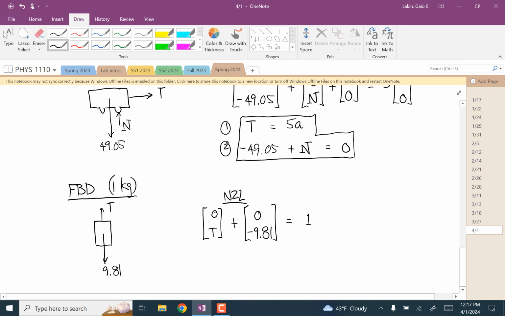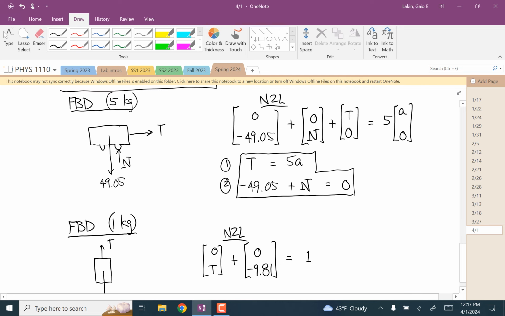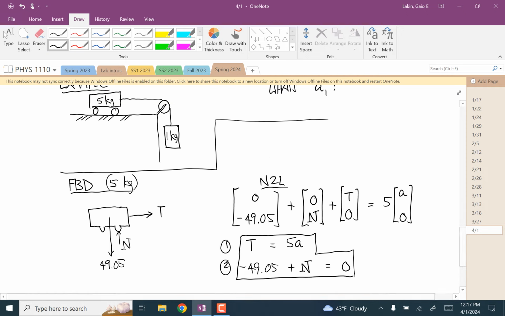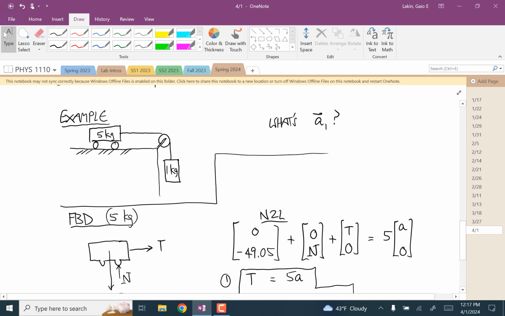So now here's the big step in these. Now we have to figure out how these accelerations relate to each other. Well, for our rolling body, we represented our acceleration as a, 0. So you can think of that as like we gave it kind of the default direction of positive x. So what if you move that 5 kilogram cart 1 inch in the positive x direction?